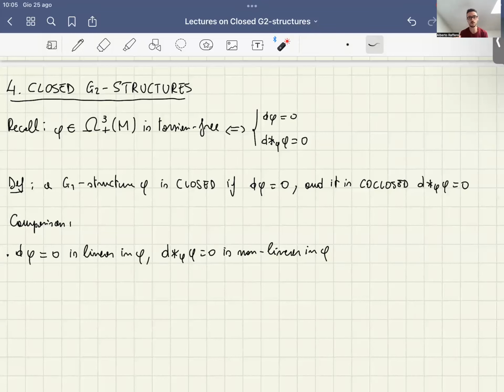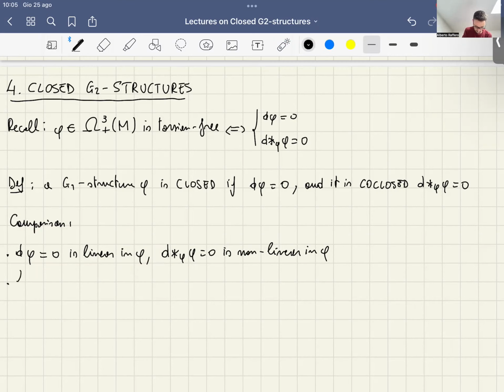And so this is similar to what we said 2 days ago regarding the condition nabla phi equal to 0, which was also nonlinear. So from this point of view, this equation looks better because it is linear, so it is much nicer if one has to deal with it.